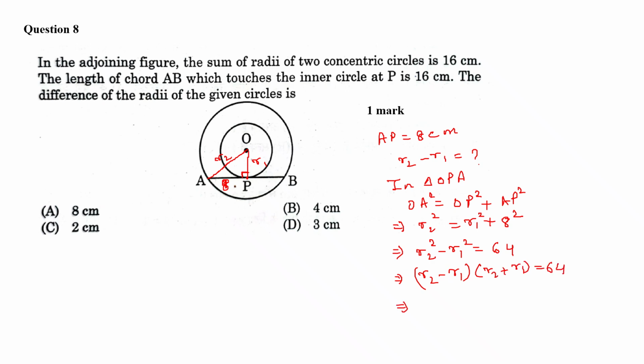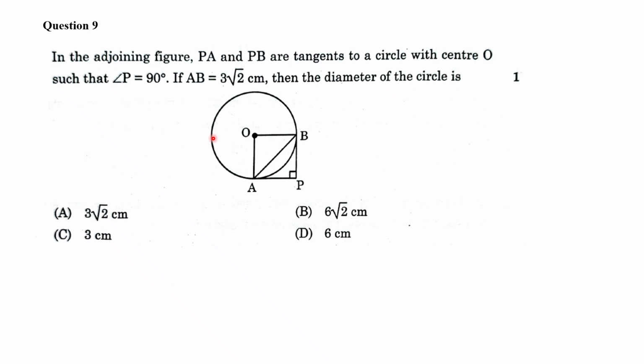And already sum of the two radii is given as 16. So R2 plus R1 is 16. So I'm going to replace it. This is 16 equal to 64. And R2 minus R1 will be 64 divided by 16, which is 4 centimeter. So my option is B option. Okay, let's move to next question.